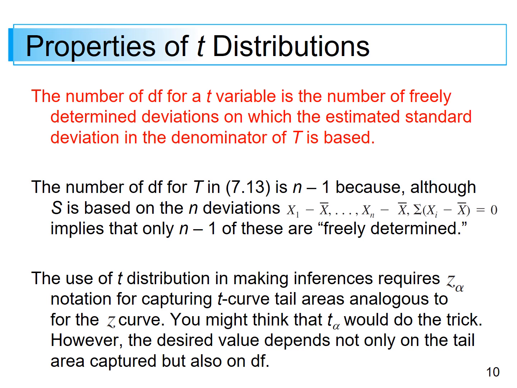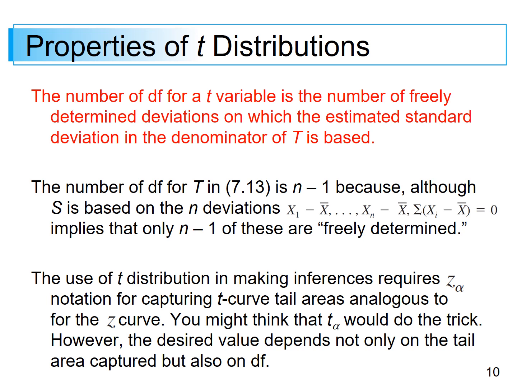So what do we mean by degrees of freedom for a t variable? We talked about this in chapter 1. Degrees of freedom refers to the number of freely determined deviations on which the estimated value of the standard deviation in the denominator of t is based.